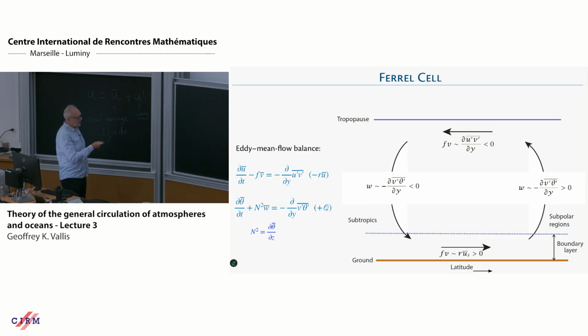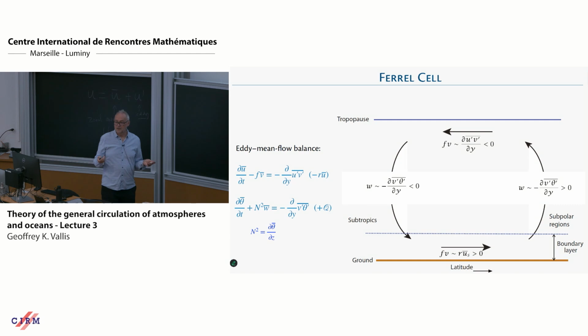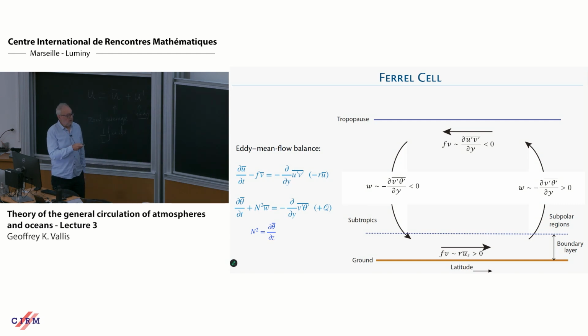And the other thing that the eddy terms do in a steady state, when there's no acceleration, there's a balance between the Coriolis and the eddy terms. But at the same time, these eddies are producing an acceleration which eventually halts.